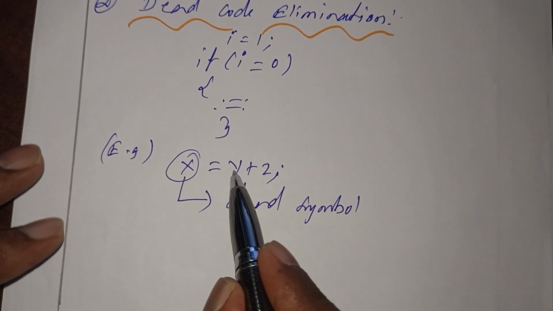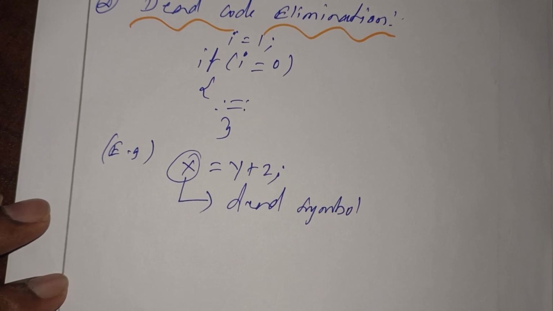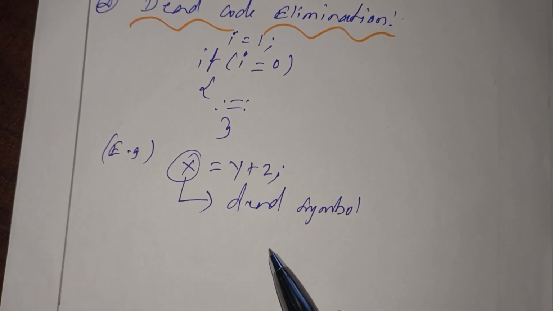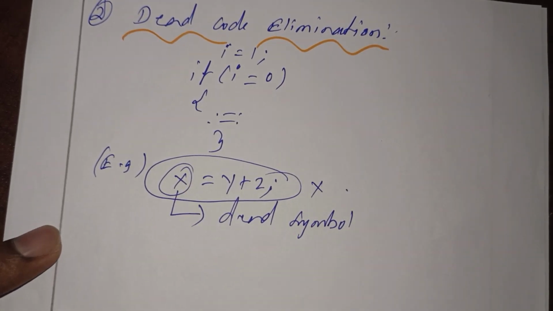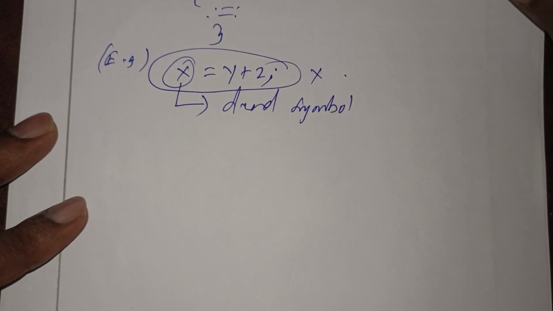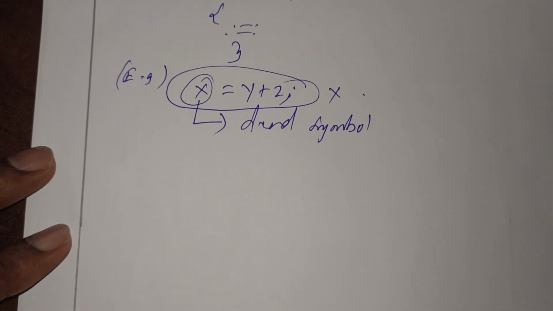How can this expression work? It never works. Then, without changing the value of the basic block, you can safely remove this statement. So this statement has to be removed. This is one basic example I can give you for dead code elimination.